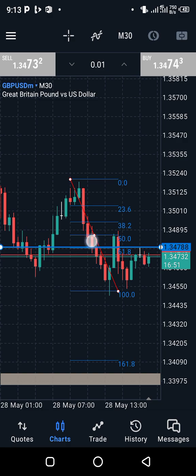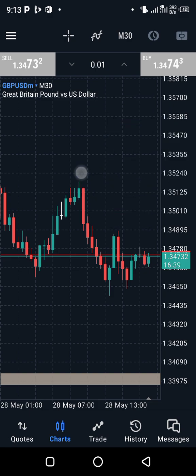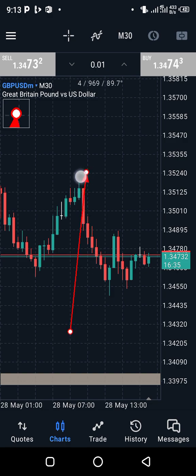That means market has failed to push even lower, because we expected the market to push lower from that point. But instead, price is now just stagnant at this point. As you can see, price came, pushed all the way, breaking this level here, pushed all the way down, pushed up again towards the 50% mark.